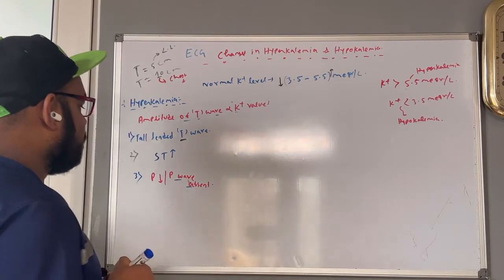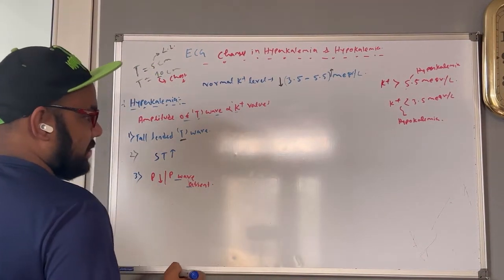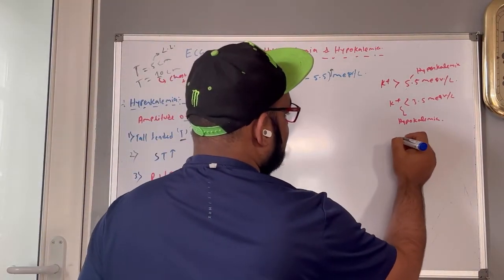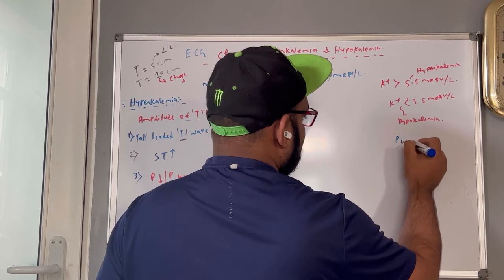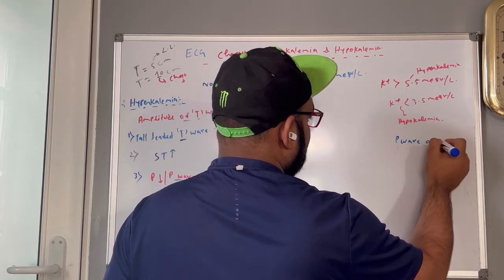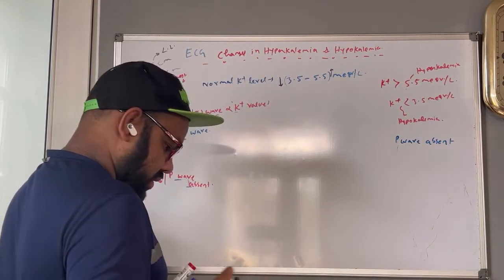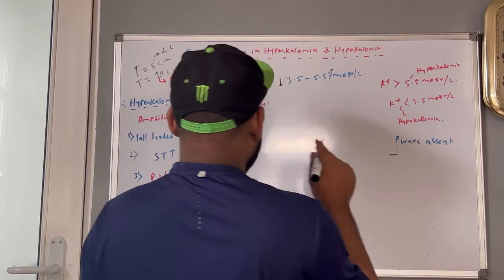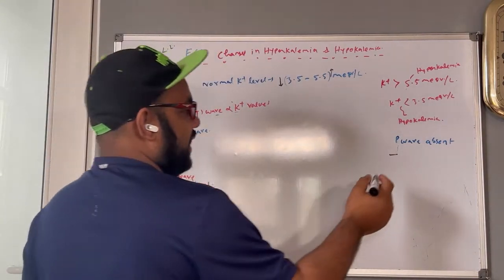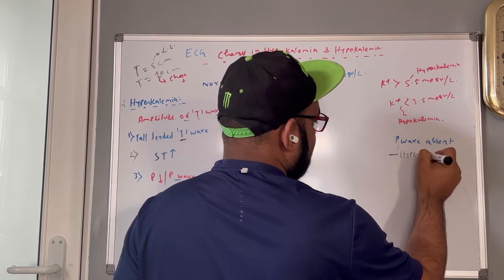Now in which cases can we get the P wave absent? Let's write it over here. P wave absent, the first thing as I talked about over here, in hyperkalemia. I'm writing it over here. Hyperkalemia.